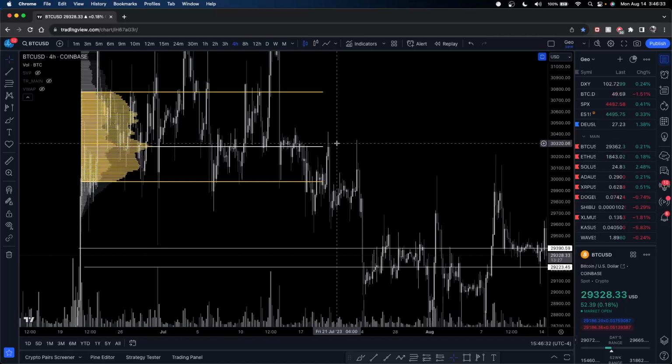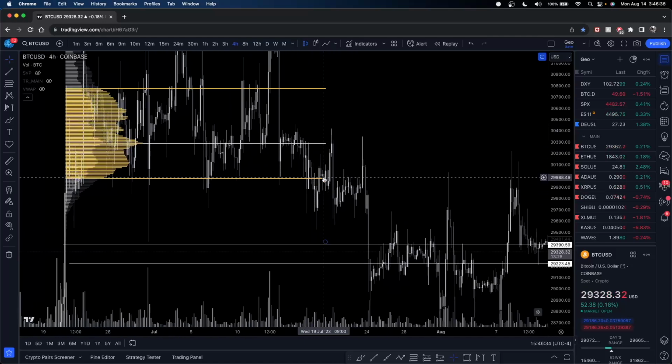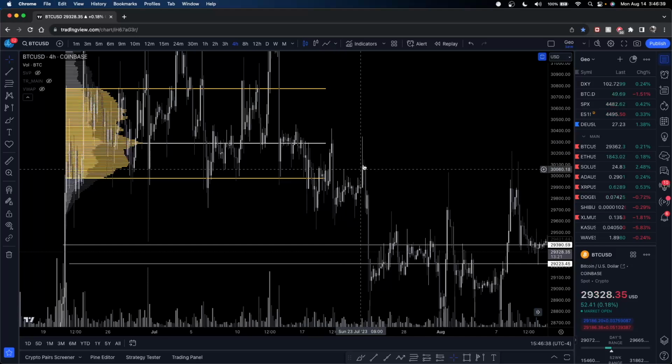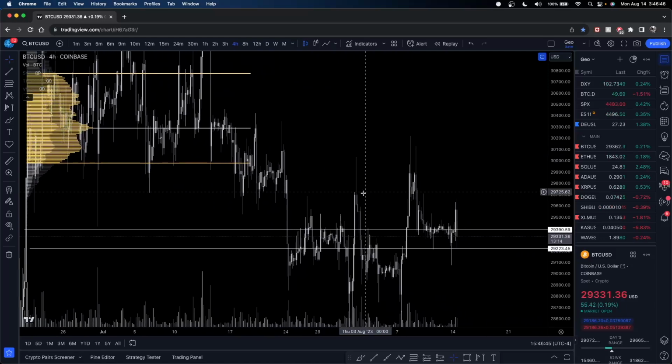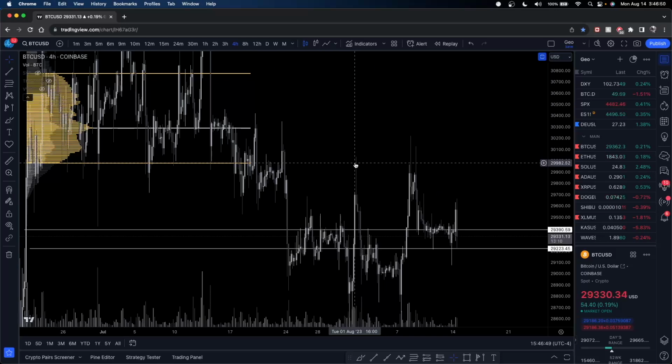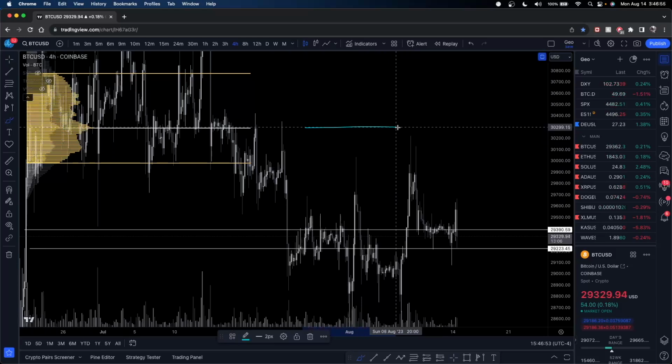And where did we actually reject to? Well, we came down below the value area low of the range. But then we came back up and we hit our highest volume node once again. Later when price came down, we got rejected. This was kind of the value area low, but more so up here, this range from our point of control.